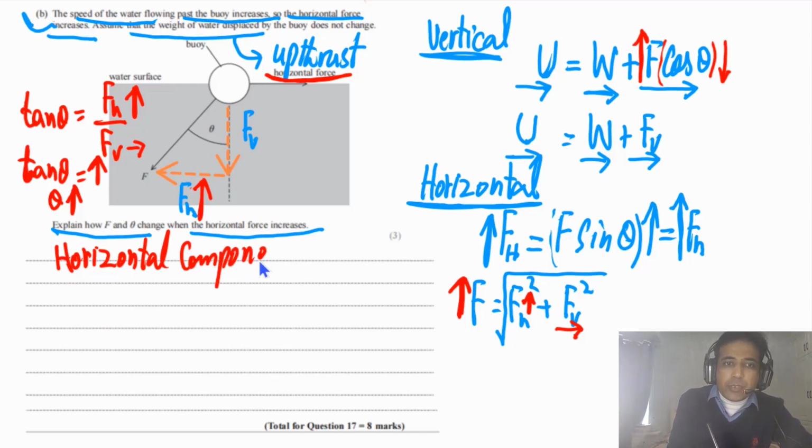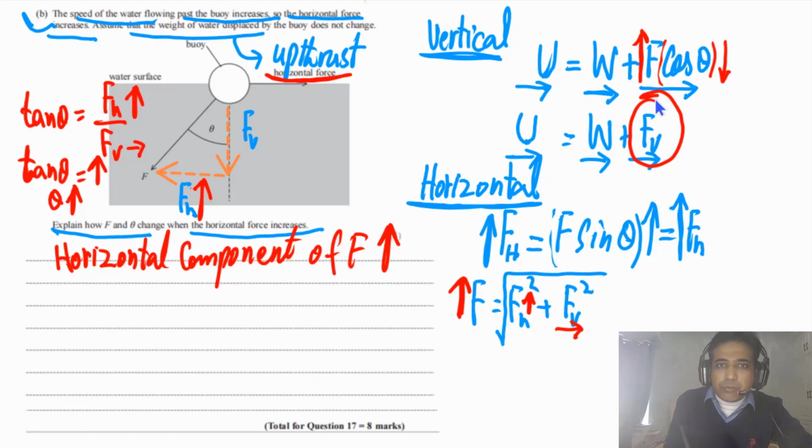So this is one point we can write down. And the vertical component we have discussed remains constant. So we can say F_V remains constant because the weight of the boy and upthrust remain constant.